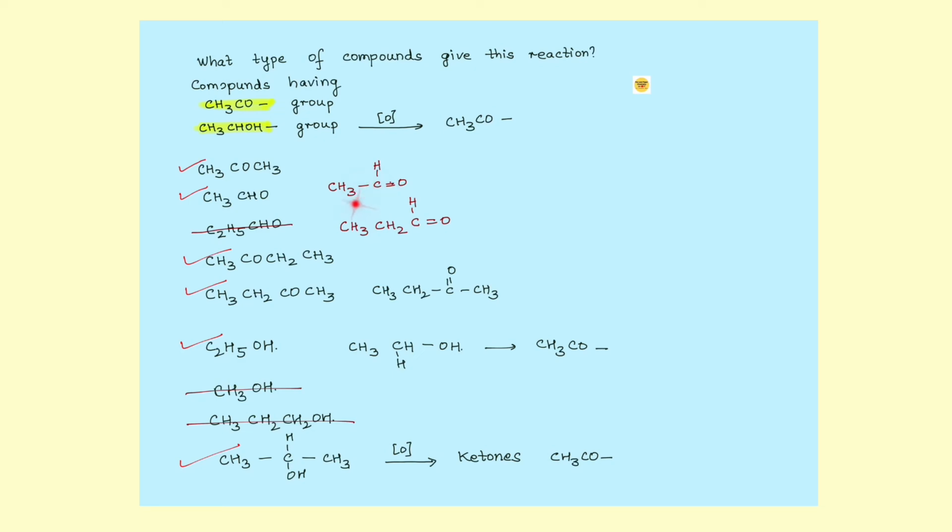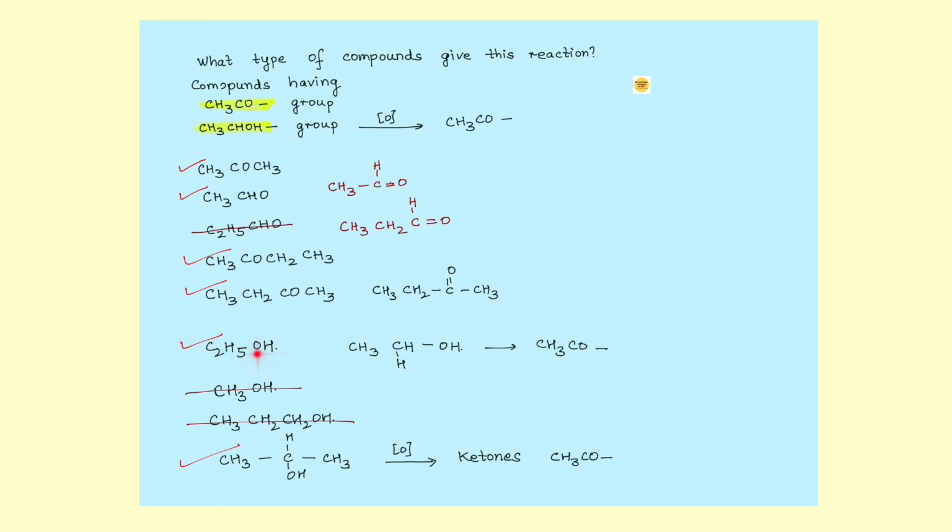Look at C2H5CHO. CH3, CH2, C. Okay, it does have CO, but it's got a CH2CO group, right? So will it give this test? No. CH3CO, CH2, CH3. Go ahead, try them. What about ethanol? Does it give this test?